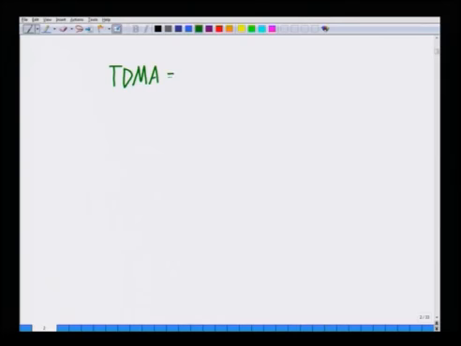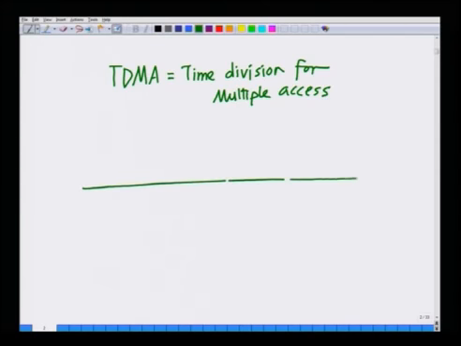TDMA stands for time division multiple access, in which I designate some time slot for user 0 and some other time slot for user 1.